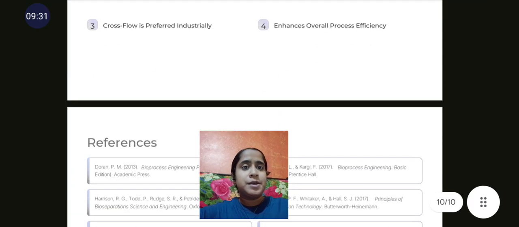Among all the filtration techniques, cross-flow filtration is most preferred because it minimizes membrane fouling and provides high product recovery. Therefore, filtration plays a vital role in ensuring the safety, purity, and quality of biopharmaceutical products.